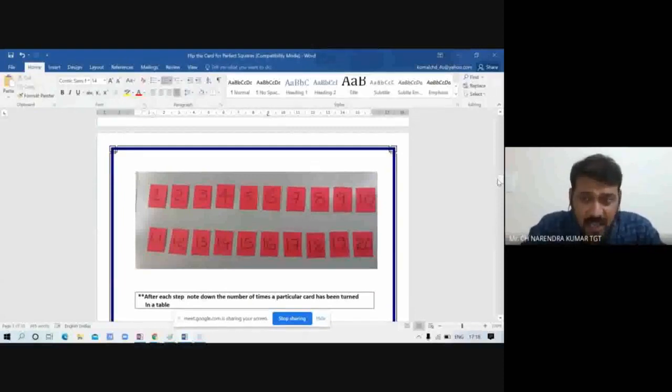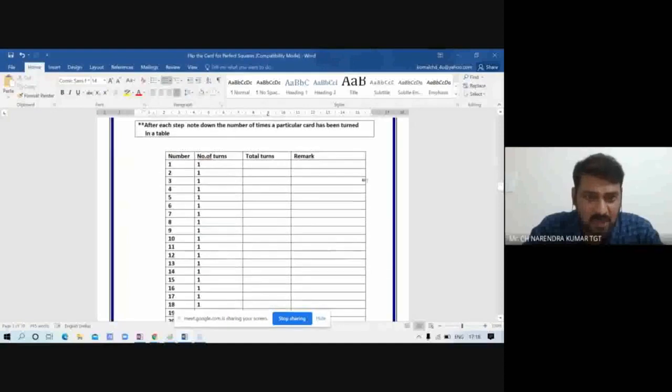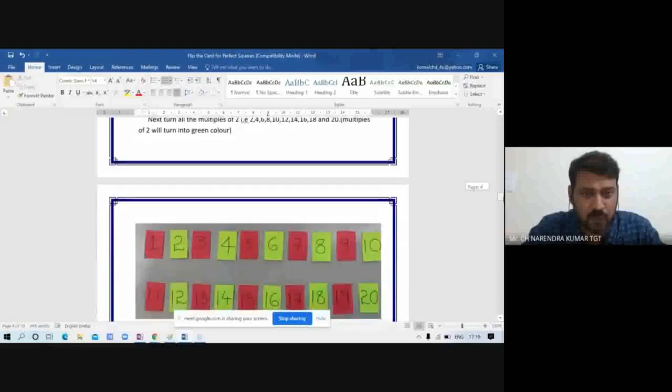So each card got one turn. I am just noting down the number of turns, 1, 1, 1. Every card got a turn. Now what is our second number? 2. Now just turn the multiples of 2.